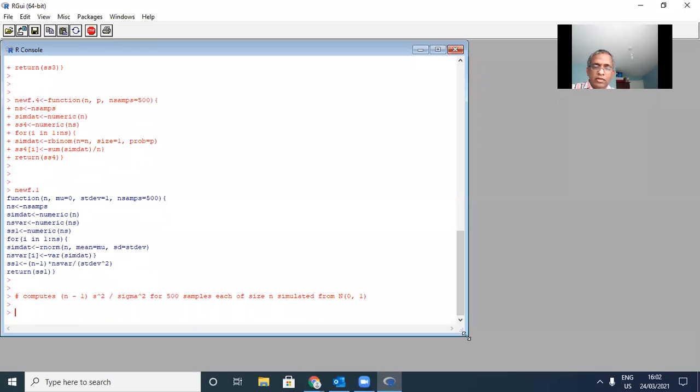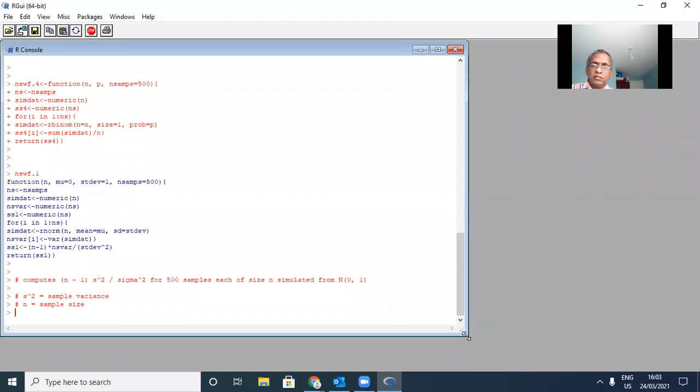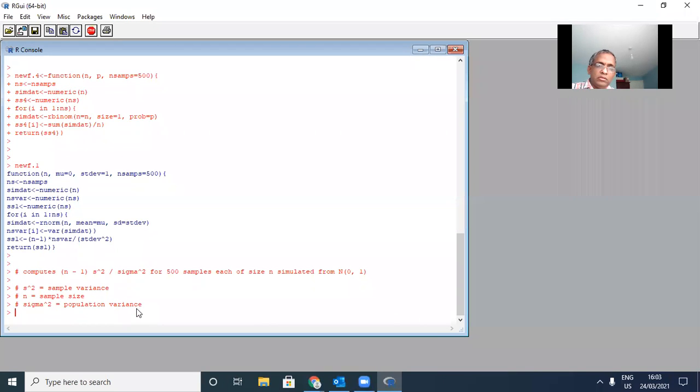So here s squared denotes the sample variance, and n denotes the sample size, and sigma squared denotes the population variance. So in this case, we are taking it to be equal to 1, right?